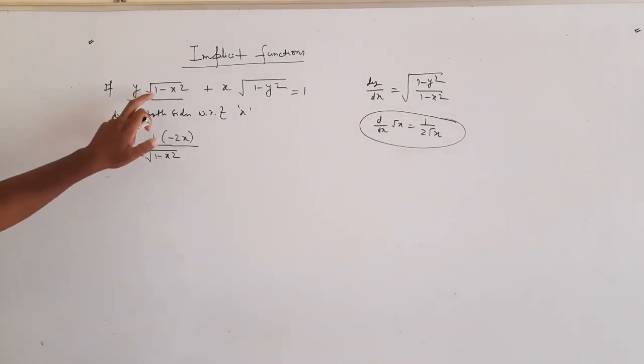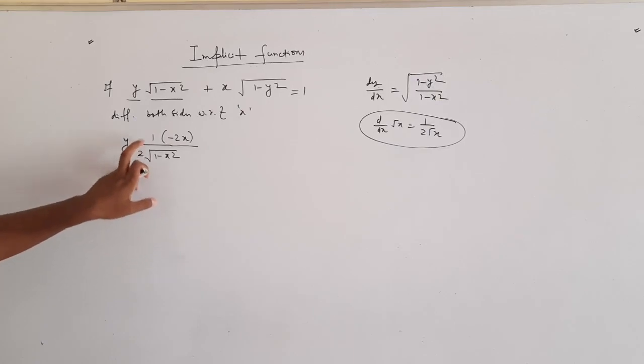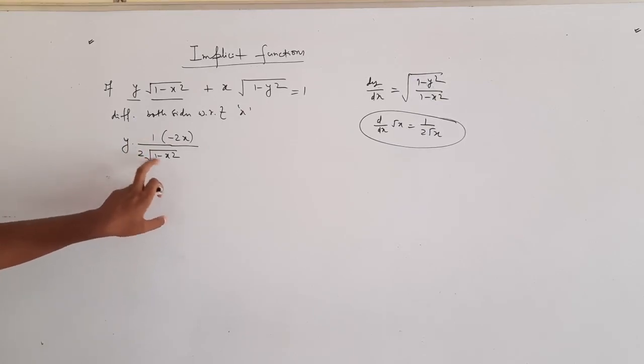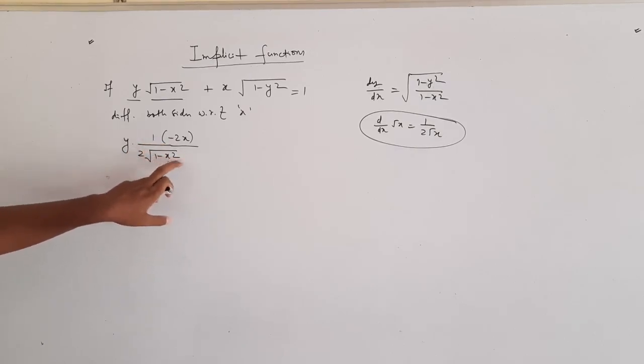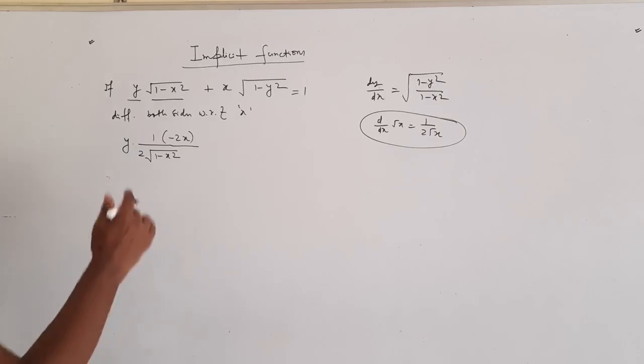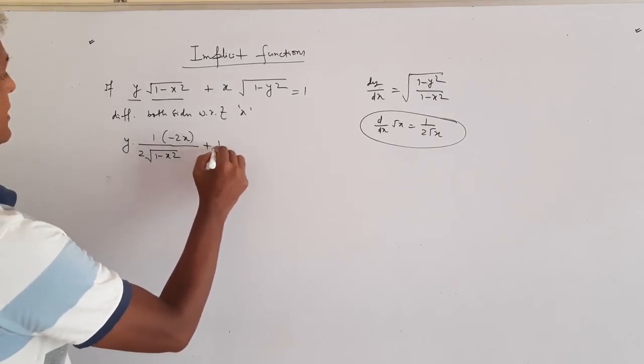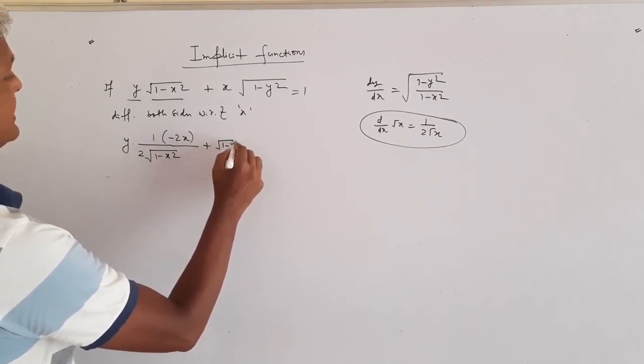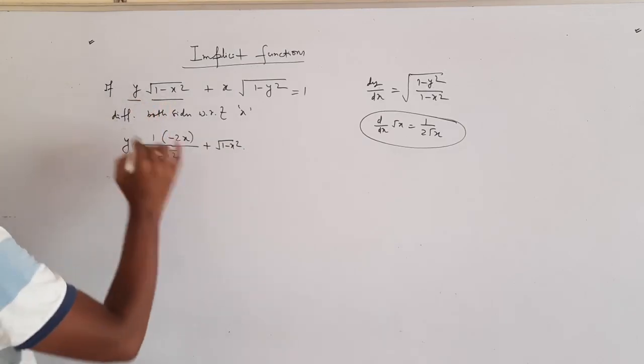So differentiation of root 1 minus x square is 1 over 2 under root 1 minus x square, and differentiation of 1 minus x square is 0 minus 2x, that is minus 2x, plus keep under root 1 minus x square constant and then differentiate y.